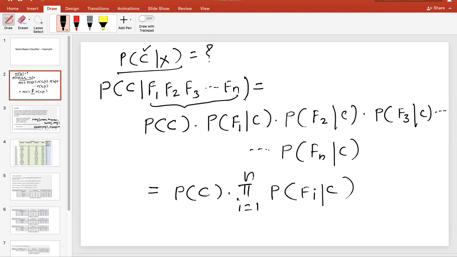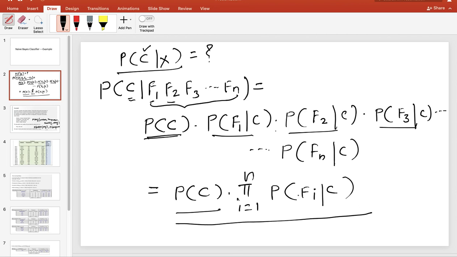That is the probability we are finding, and the formula we derived was: probability of C given these features is equal to probability of C into probability of f1 given C into probability of f2 given C into probability of f3 given C, and so on, into probability of fn given C. So this is equal to probability of C into the product for i equal to 1 to n of probability of fi given C. This is the formula we'll be using.